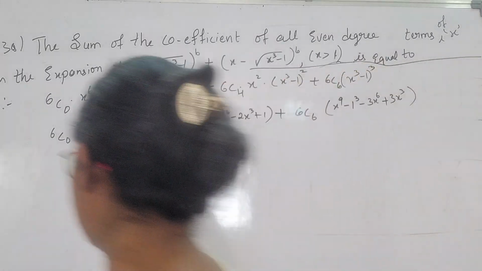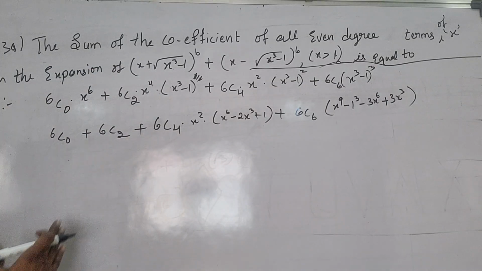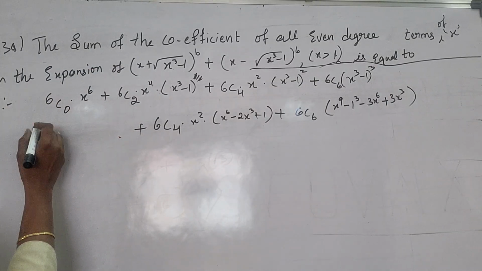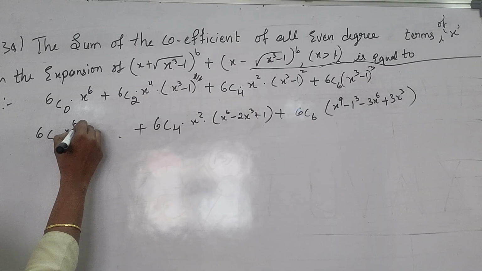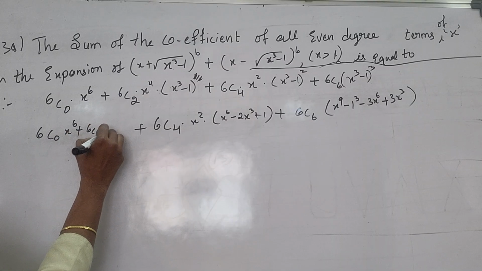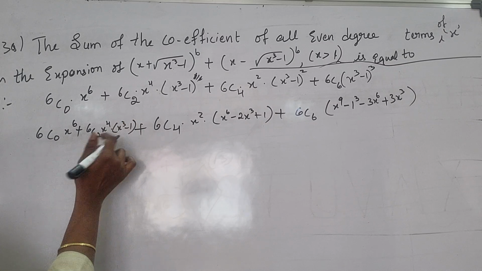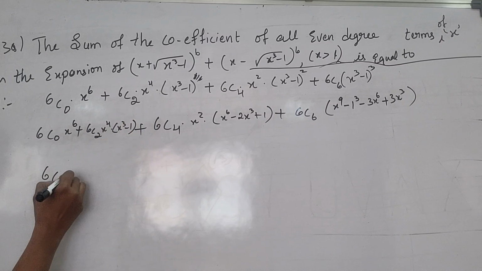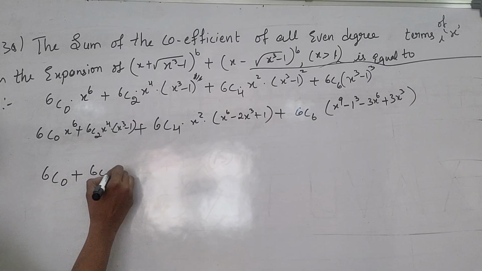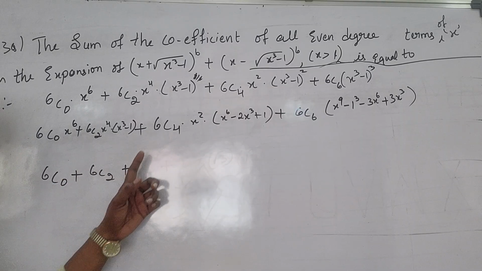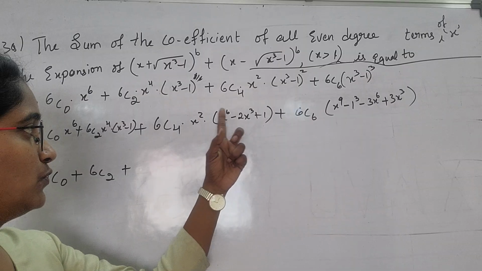So now we'll take again. Here if I write the same thing, 6C0 x power of 6 plus 6C2 x power of 4 of (x cube minus 1). So I'm going to get 6C0 plus this is also 6C2 plus here is x square into this, 2 6 is 12.